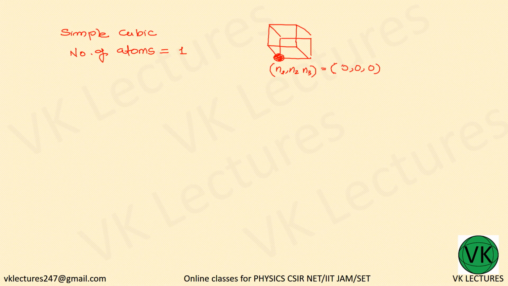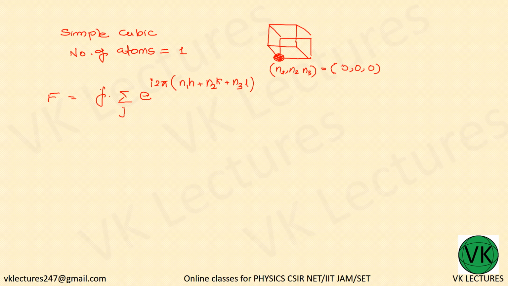Now if you put the values f as equal to some constant f into sum over j e to the power i 2 pi into n1h plus n2k plus n3l.